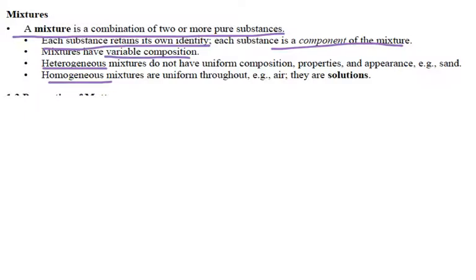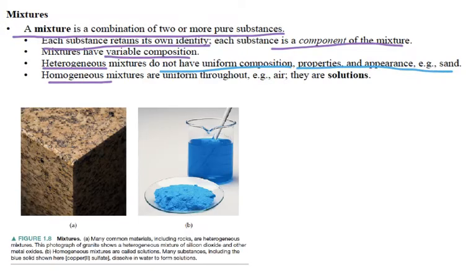Heterogeneous mixtures do not have a uniform composition or properties of appearance, such as sand, or in the picture here, granite. Granite is heterogeneous. And many times with heterogeneous, you can just see different parts in there.